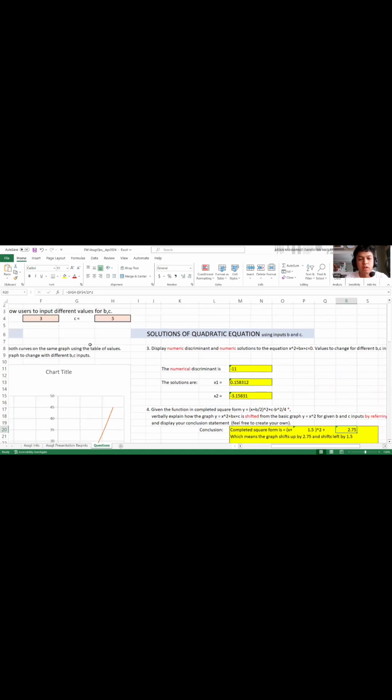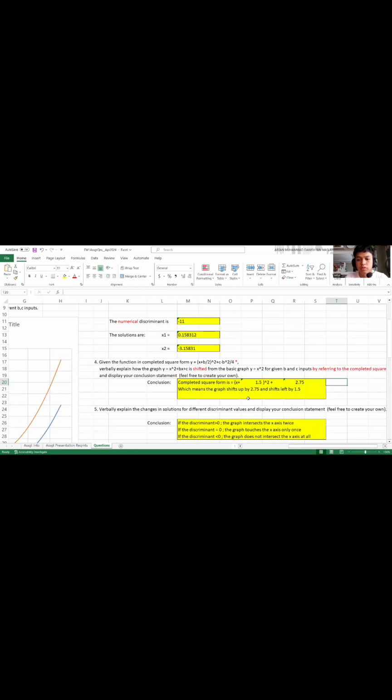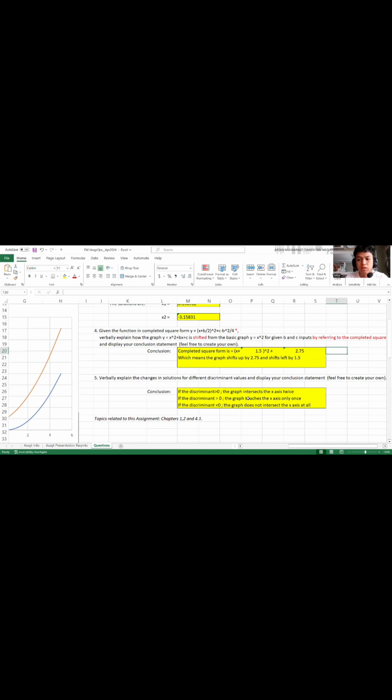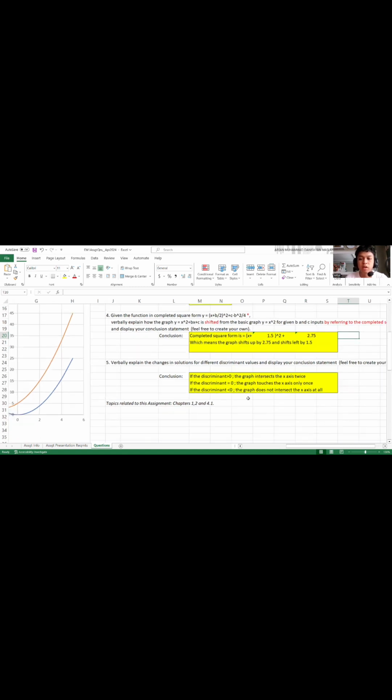That squared is 2.25. And taking absolute position H4, which is 5, and deducting 2.25 from it, it gave me 2.75, which brought me to the conclusion that the graph shifted up by 2.75 and shifted left by 1.5.